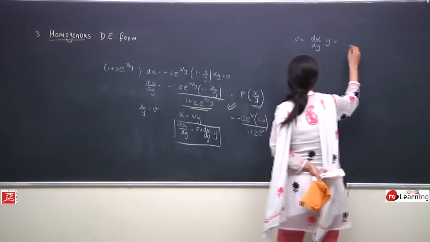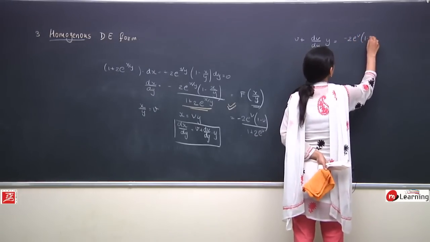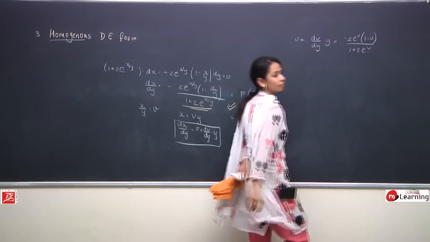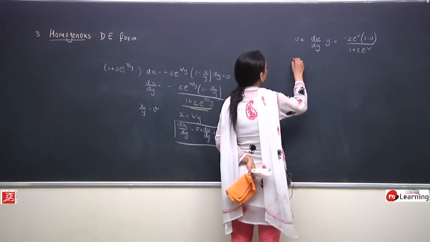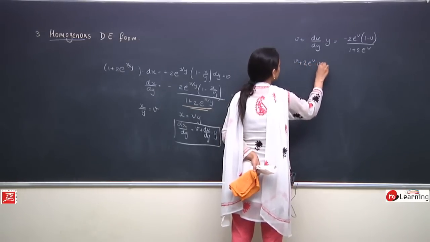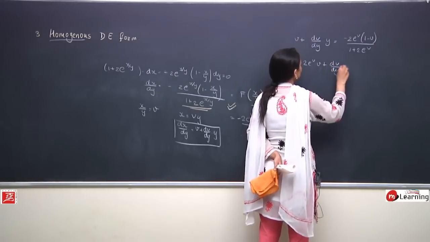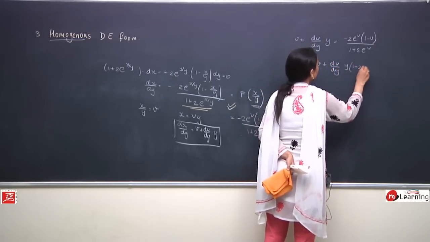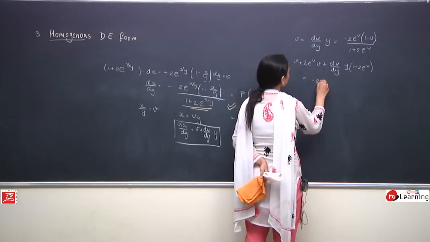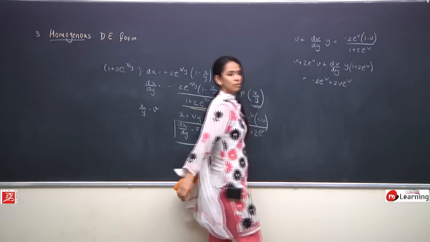This guy is equals to minus 2e^v into (1 - v) upon 1 + 2e^v. और इसे हम सॉल्व करेंगे तो we'll get (v + y dv/dy) into (1 + 2e^v). This guy is equals to minus 2e^v plus 2v e^v.